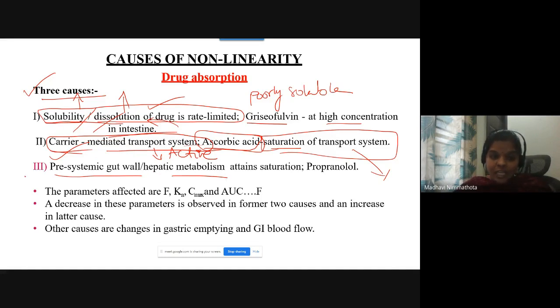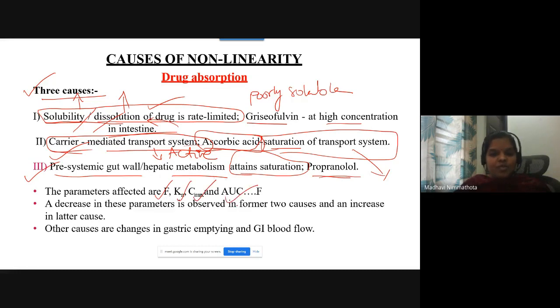This is in case of metabolism. See, pre-systemic gut wall or hepatic metabolism will attain some saturation in case of drugs like propranolol. So these are a few exceptional causes which exhibit this non-linearity. And the pharmacokinetic parameters that get affected because of this non-linearity are F, Ka, Cmax, AUC.